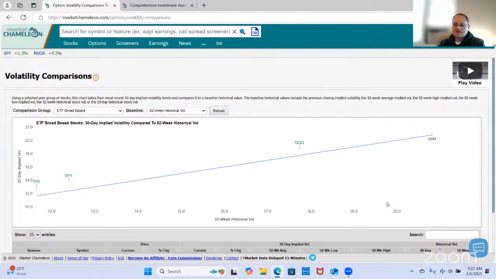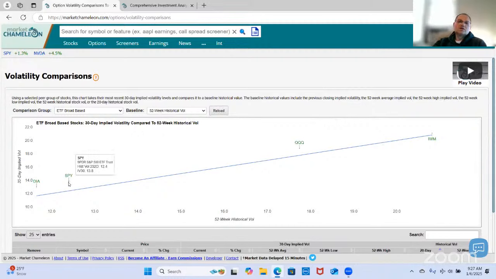What are these ETFs similar in? They're broad-based, right? If the entire market moves up or down, or if there's a lot of volatility, they have some correlation there. So here we can see that relative to its 52-week average, IWM, even though it trades at a higher volatility because it's the Russell 2000, has an implied volatility closer to its 52-week average than some of these other ETFs that trade at a lower implied volatility.